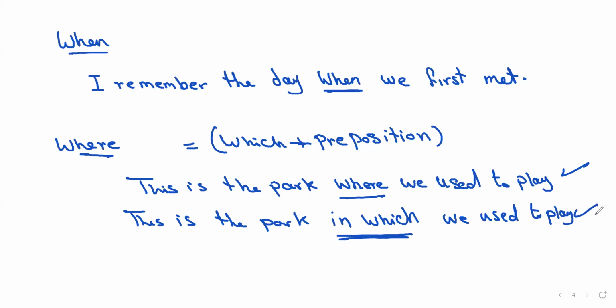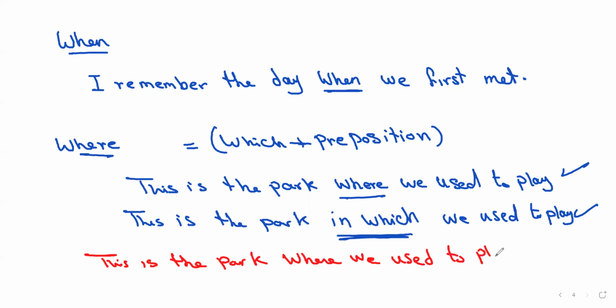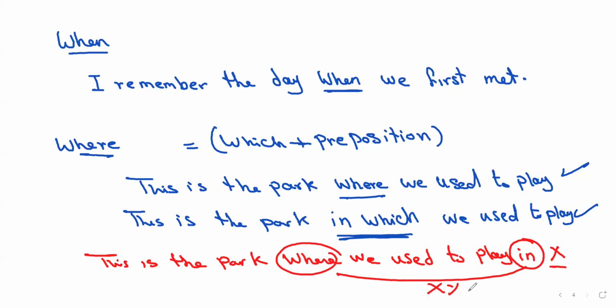This is correct. But you can't say, this is the park where we used to play in. It is not correct. In and where. Okay, then don't use a preposition after where. And if you want to keep the preposition, just use which instead.